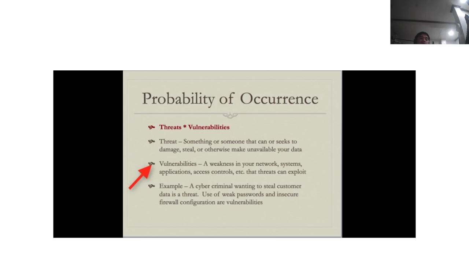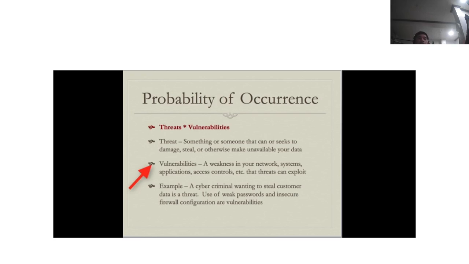It can be the lack of a patch, or weak access controls like a weak password, for example your first name and 123, or a name and surname.